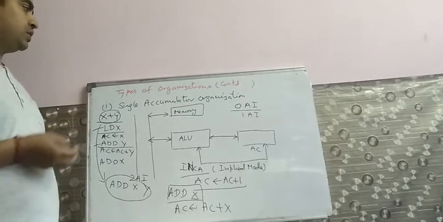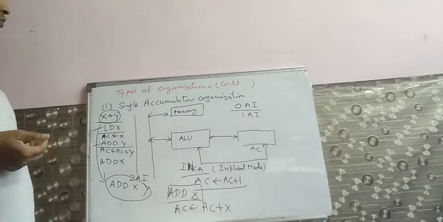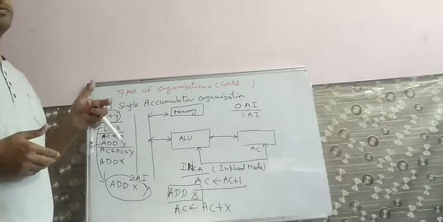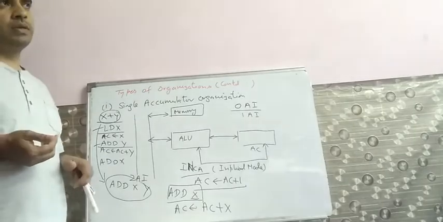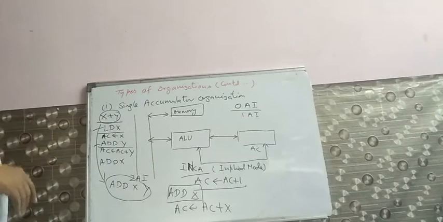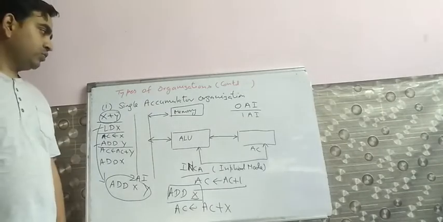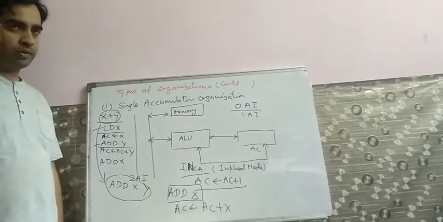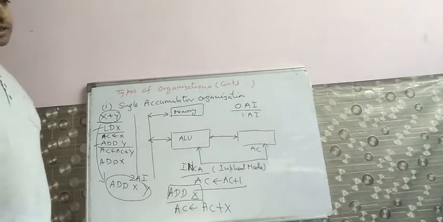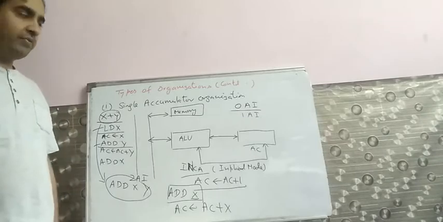So these were the drawbacks: at the cost of less performing hardware, we shift the complexity toward the programmer. This was the problem with the single accumulator organization. These types of organizations were used in history, when the computer was in its evolving phase.